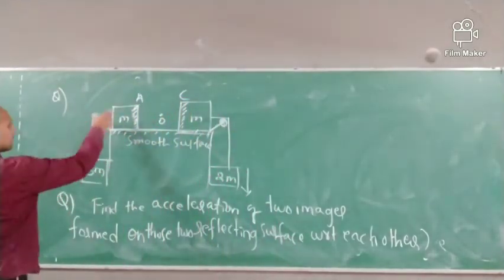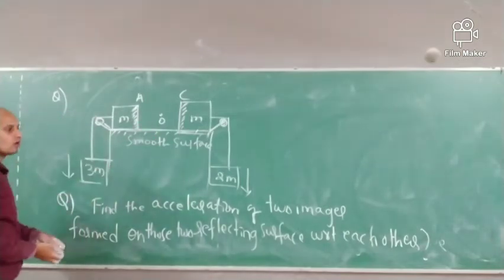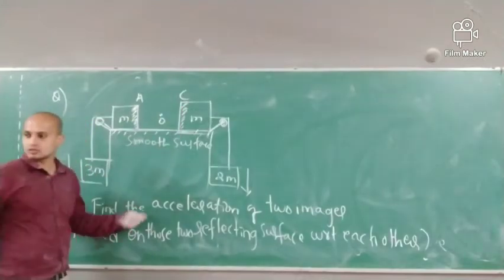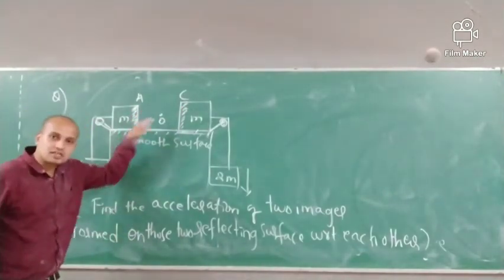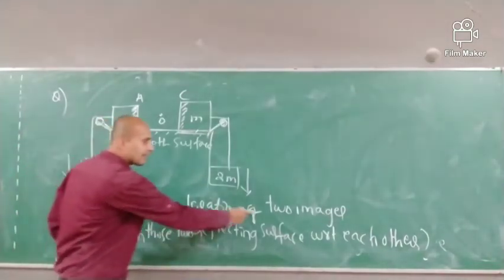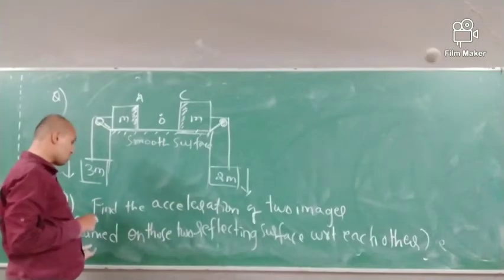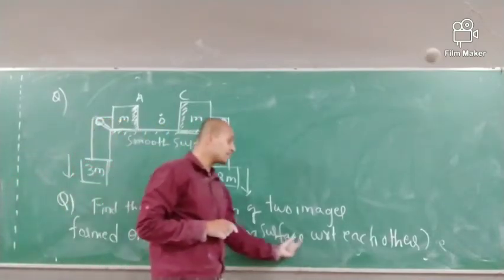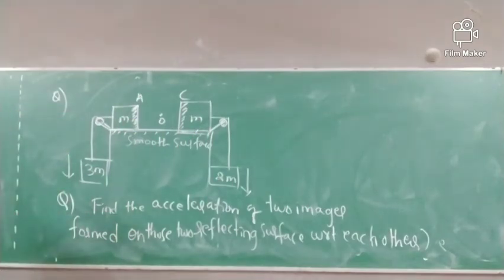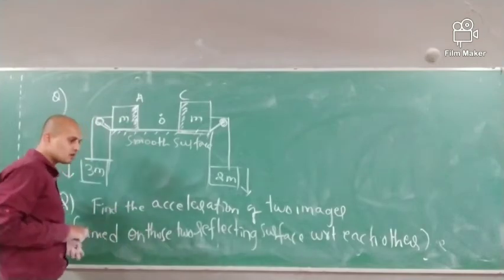Two blocks are there on a smooth surface; due to the weights, they are falling down. Once they fall down, the mirrors move with them, and one object is kept stationary. Got it now? What is the acceleration of the images?